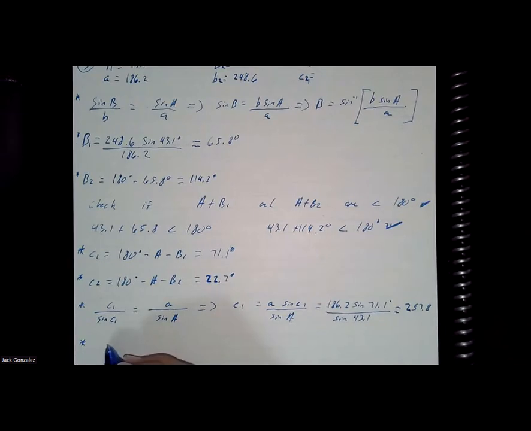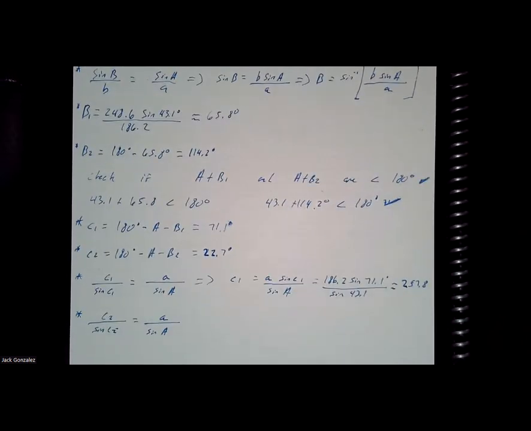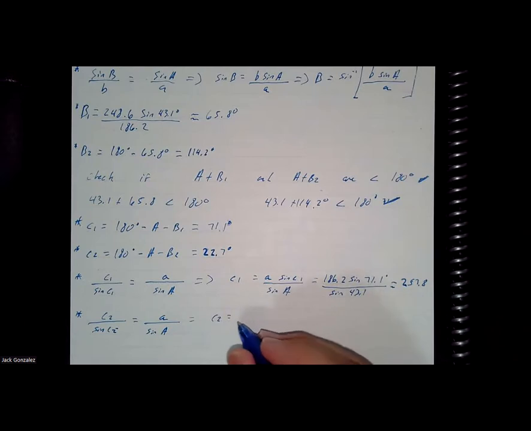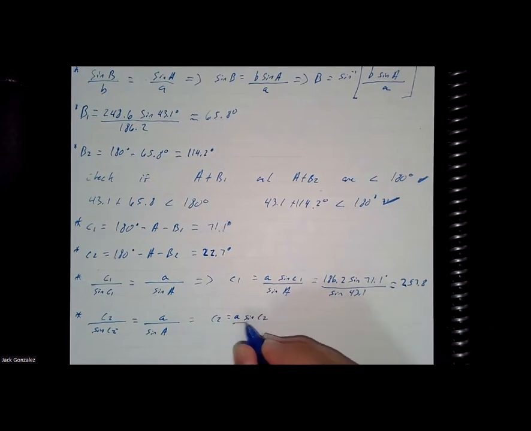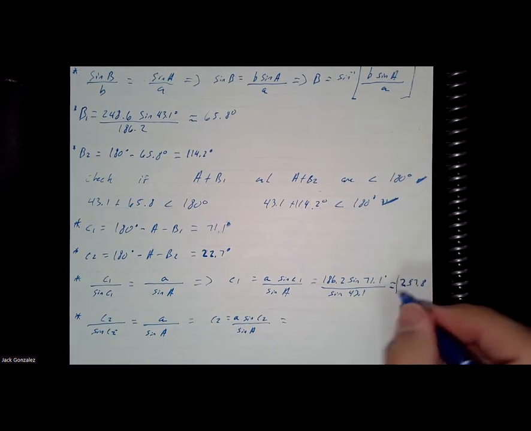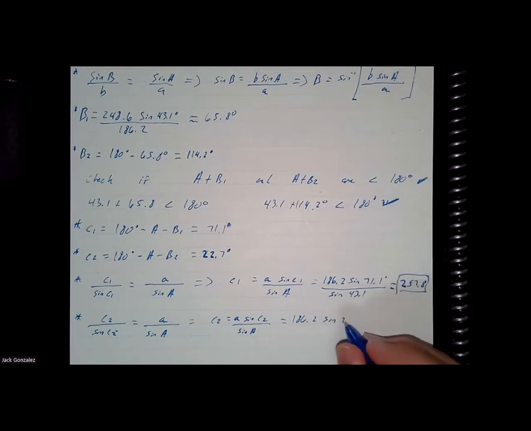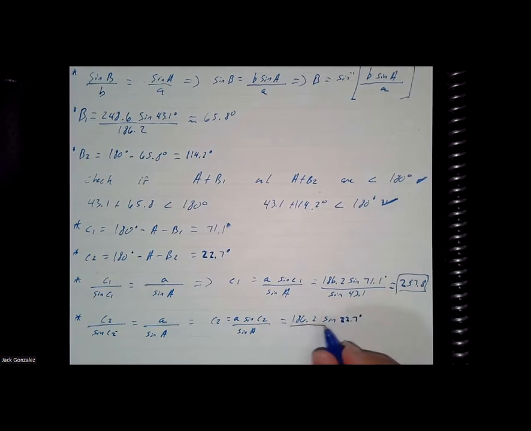Okay. Same thing for c2. Solve for c2. That'll be a times sine of C2 over sine A, which is 186.2 sine of 22.7 over sine of 43.1.